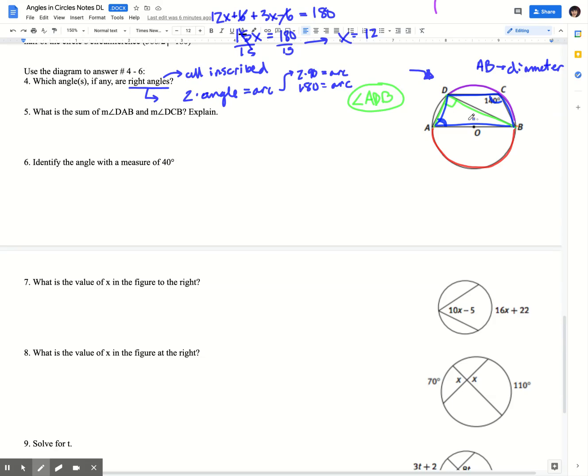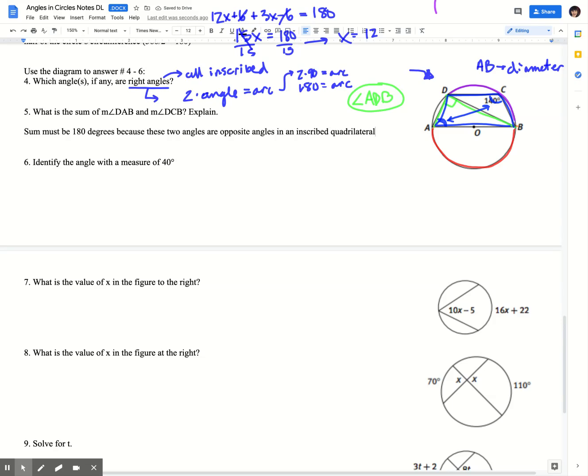Notice those are opposite angles in an inscribed quadrilateral. So their sum has to be 180 degrees. The sum must be 180 degrees because these two angles are opposite angles in an inscribed quadrilateral.